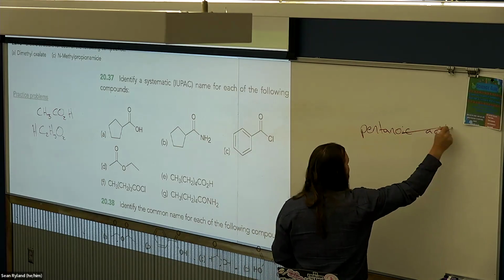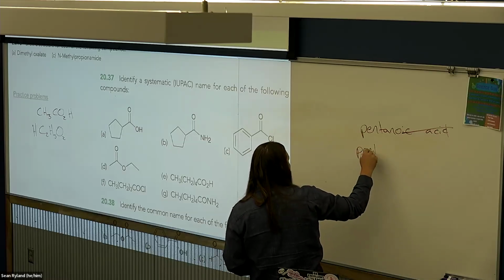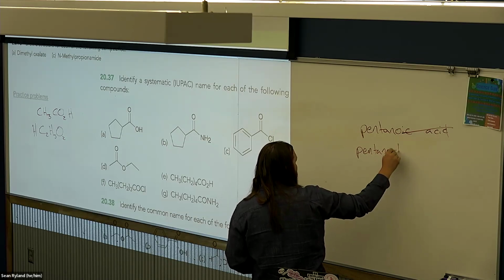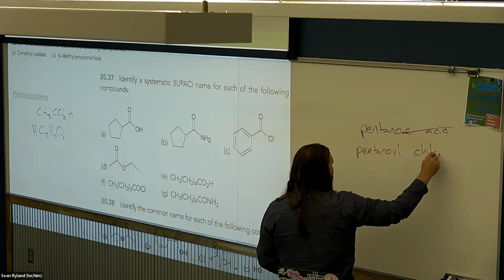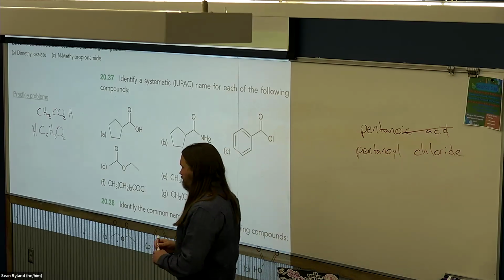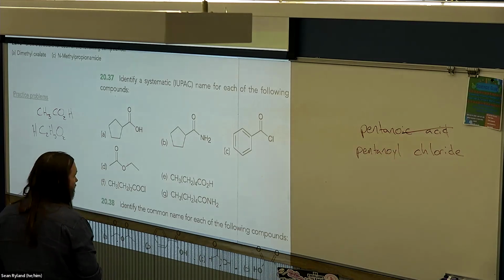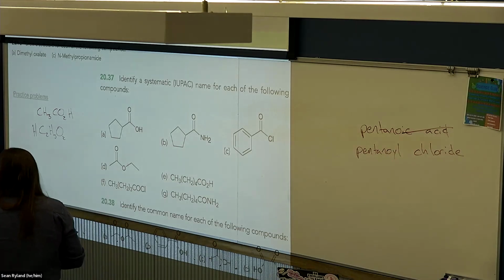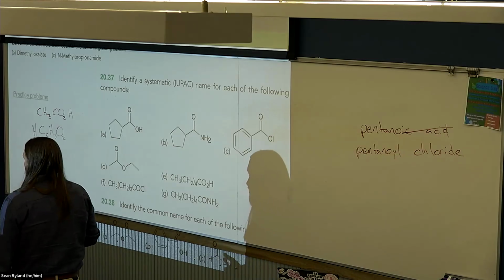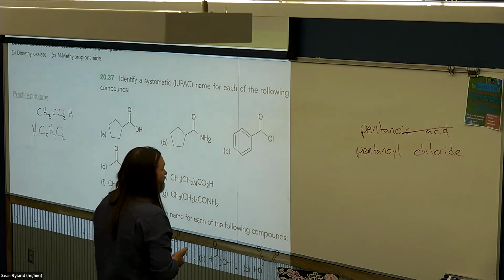We drop the ic and change it to yl, and then put chloride. Do we specify where the bromide is? It always has to be on the same carbon as the carbon before naming it this way.